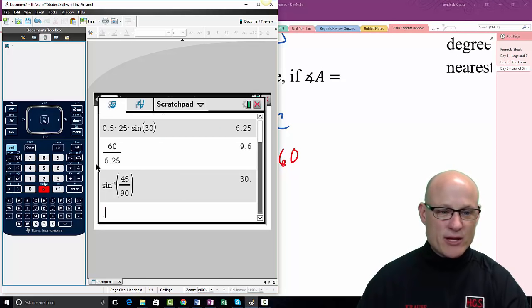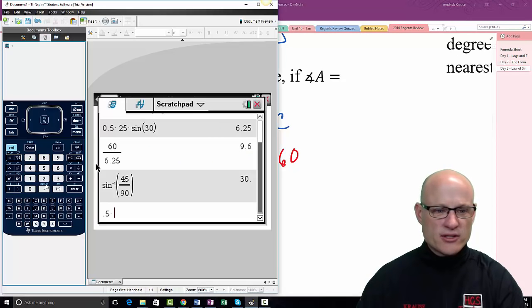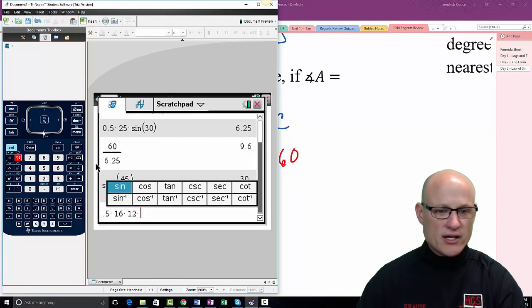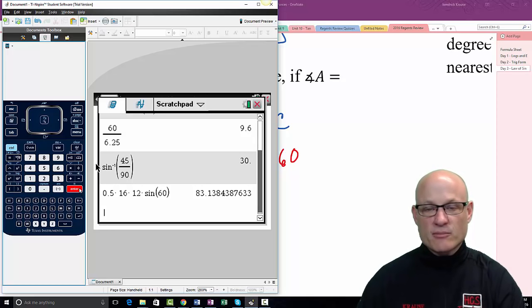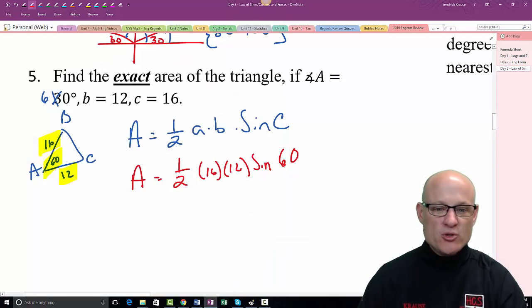So you can't do that. It would just give you some dumb decimal, but that's not the exact answer. Even if you write down all those decimal places, that's not the exact answer.